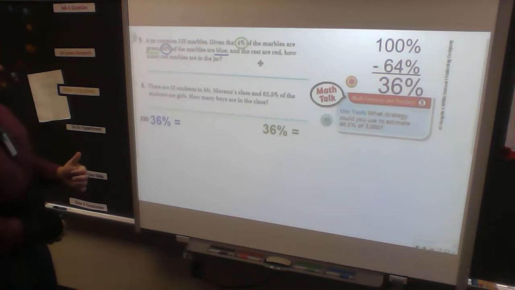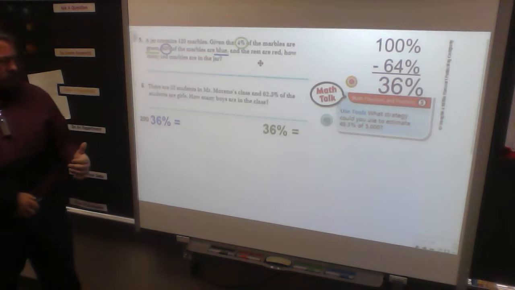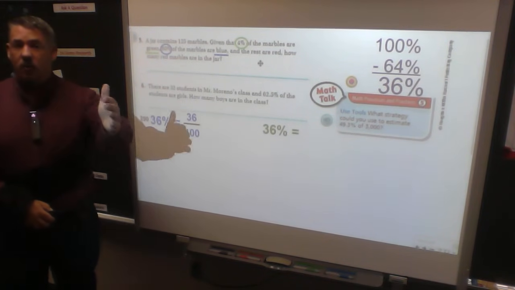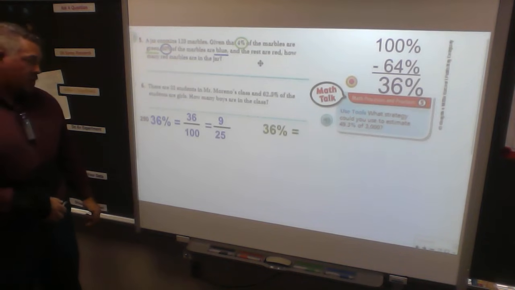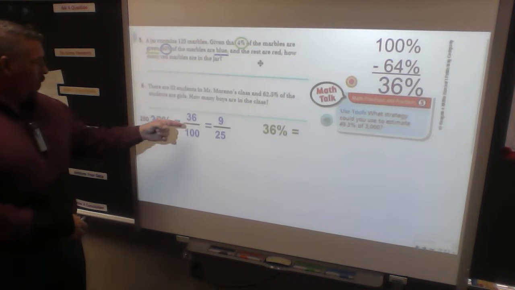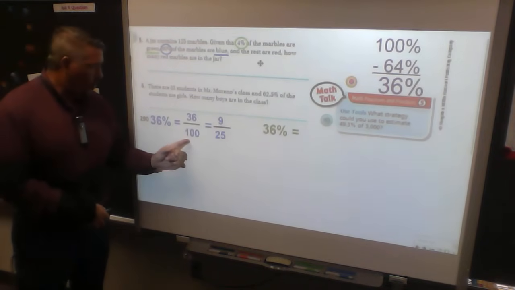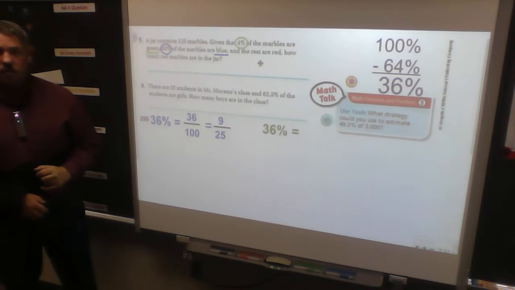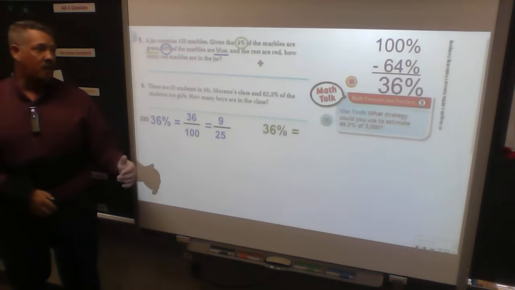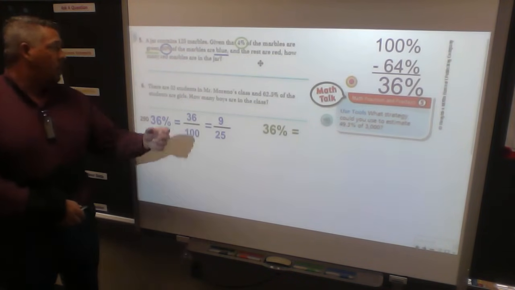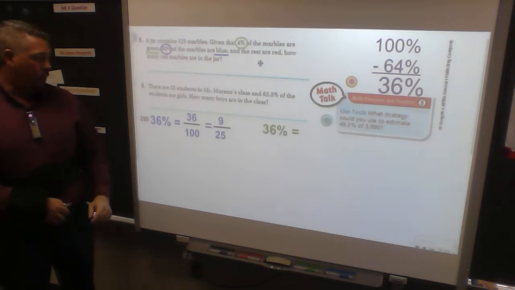So my 36% as a fraction would be 36 over 100. I reduce if I possibly can, which I can. I can see that 4 would go into both of those. So 4 goes into 36 9 times, and 4 goes into 100 25 times. Now I can multiply, because I need to find out what 36% of 125 marbles is equal to.